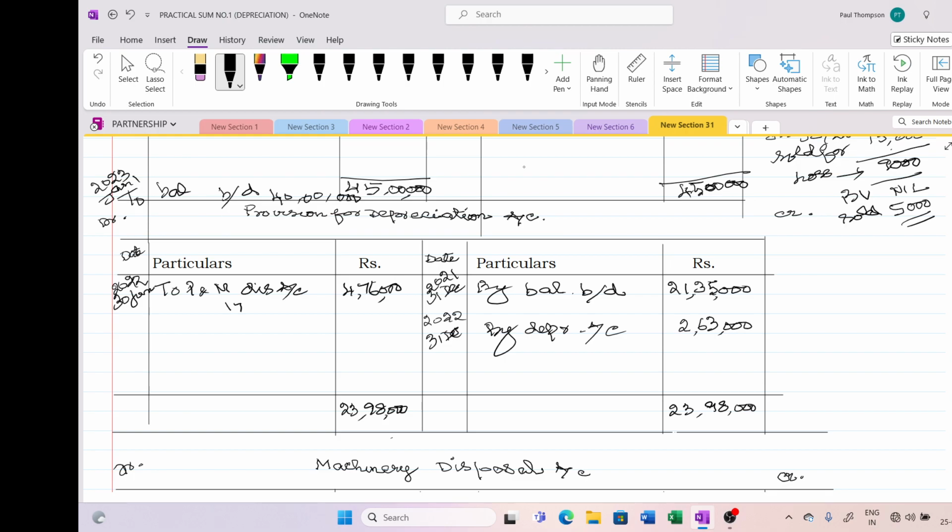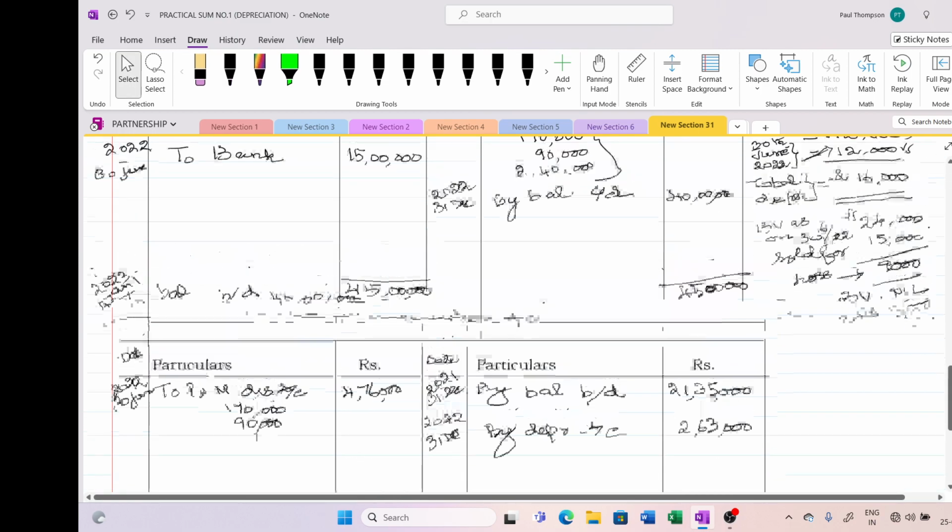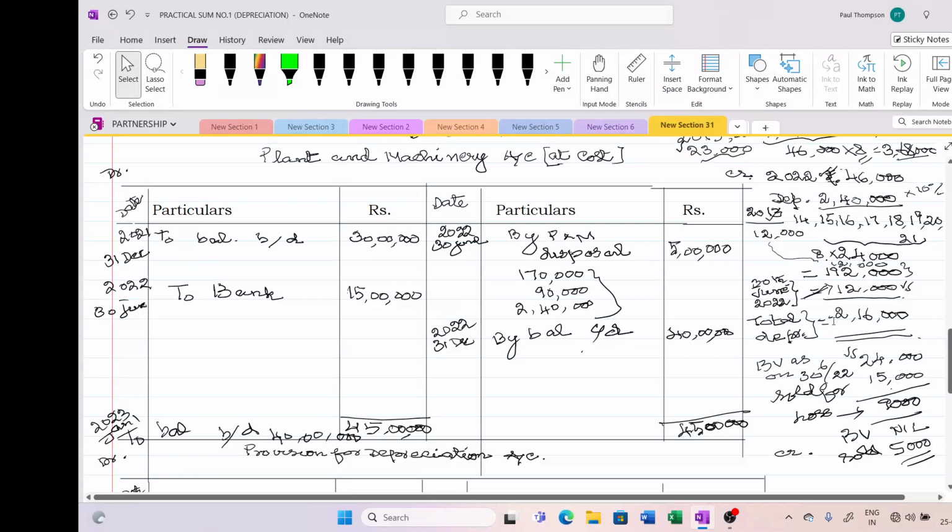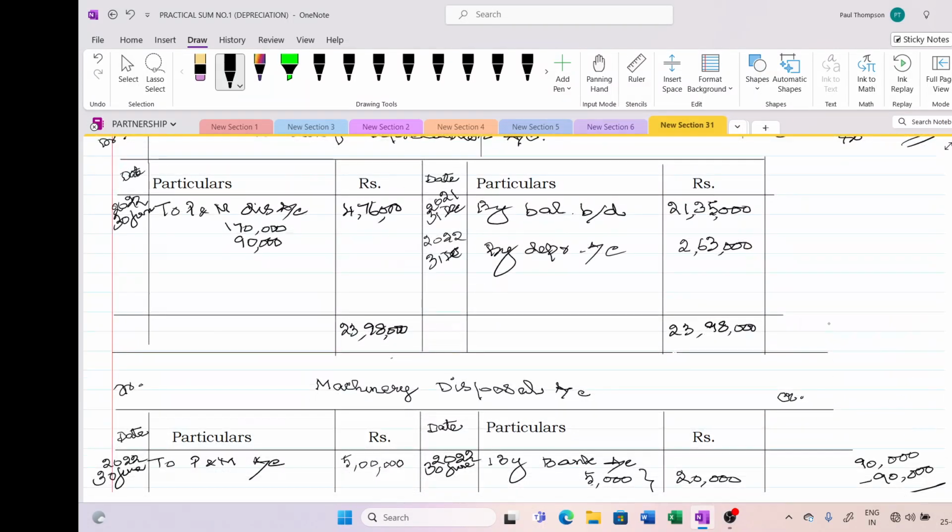The balancing figure, I'll give you the breakup also. First machine, 1,70,000, machine cost, totally depreciated. Then the next machine, 90,000, totally depreciated, 90,000. The third machine, I have shown you here, 2,40,000. The total depreciation is 2,16,000. So this total comes to 4,76,000.